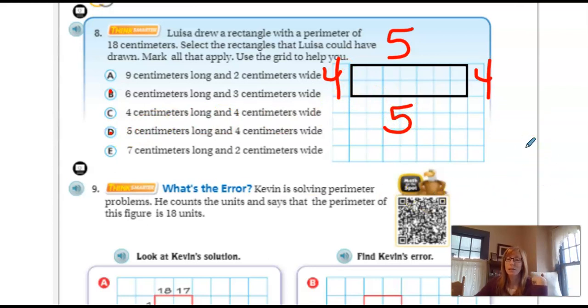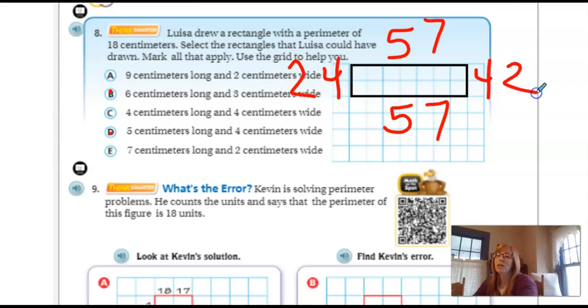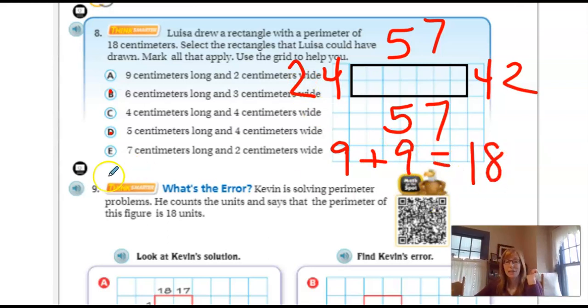You are correct. How about if we did 7 on this side and 7 on this side, and 2 on this side and 2 on this side? Well, what is 7 plus 2? That is 9. And what is 7 plus 2? That is 9. And 9 plus 9 is 18. You are correct. Nicely done.